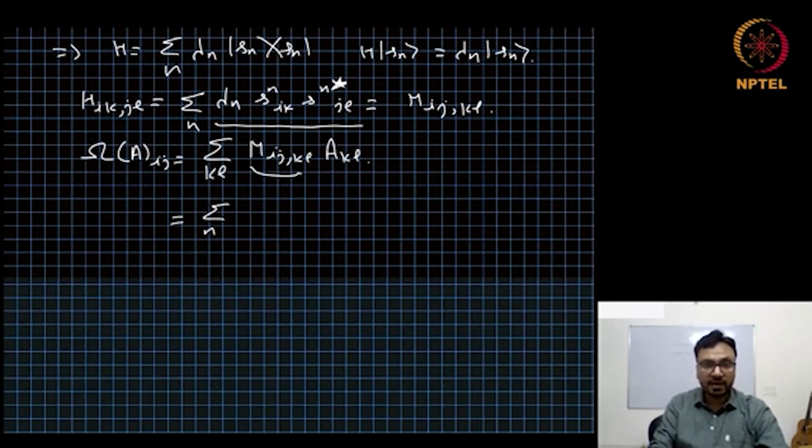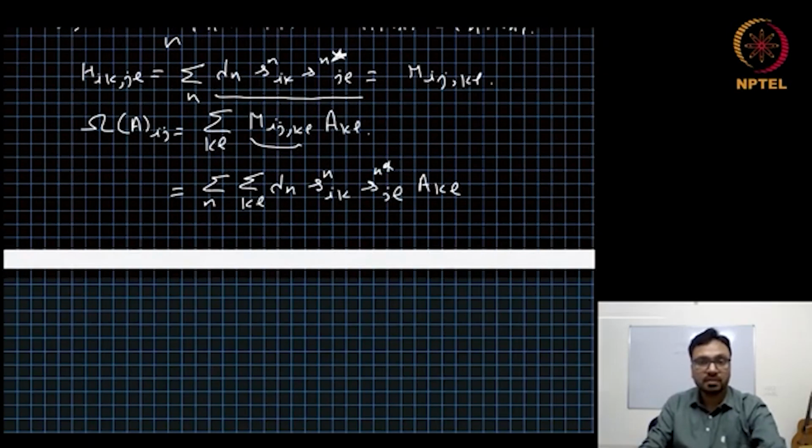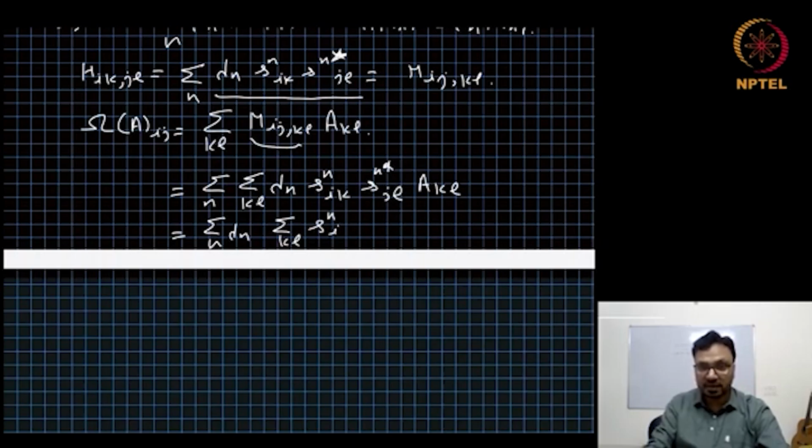That will be sum over n, sum over kl, lambda n, Sn ik, Sn star jl, A kl. This can be simplified further by the sum over kl. Lambda n we have taken out. It is Sn ik A kl Sn dagger lj.